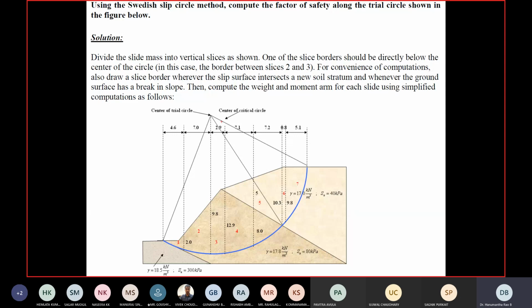So one of my simplest questions in this is: among the so many methods discussed so far, which method is the most ideal for this kind of slope?